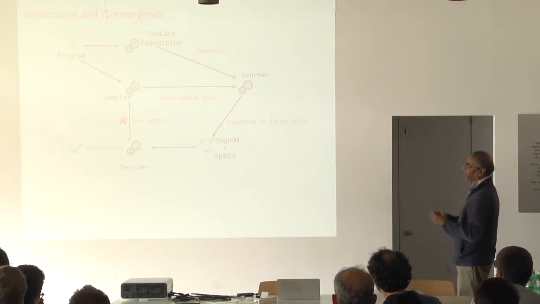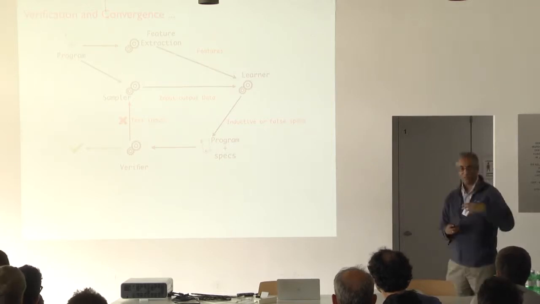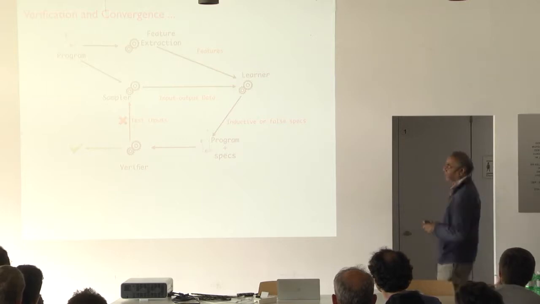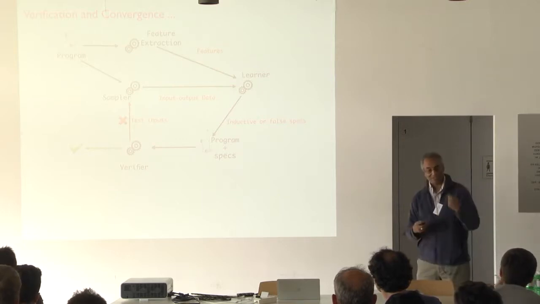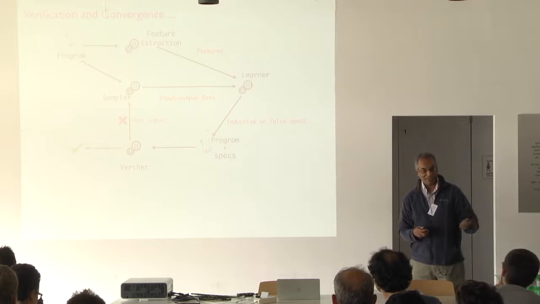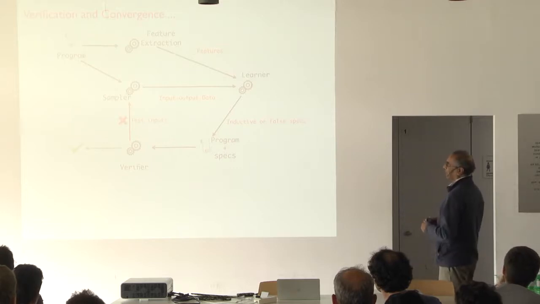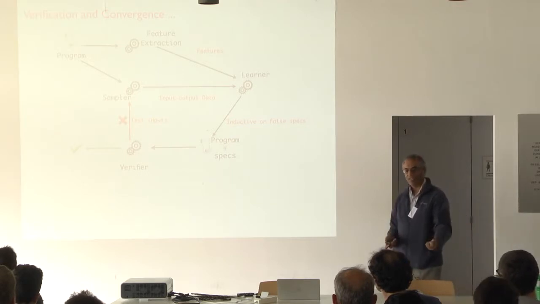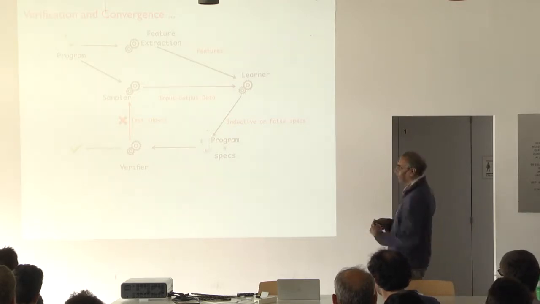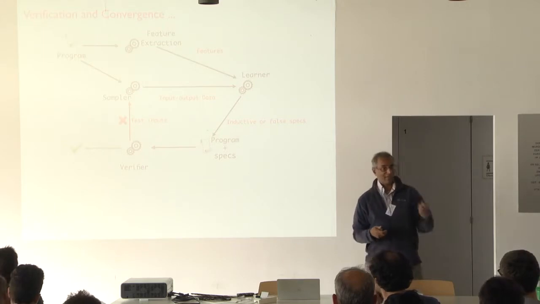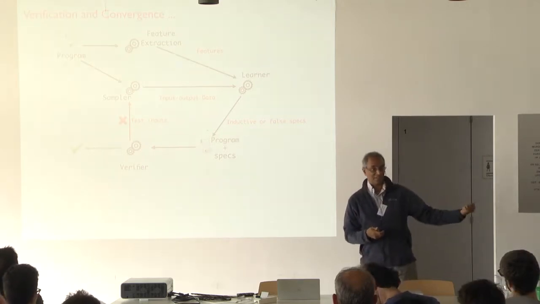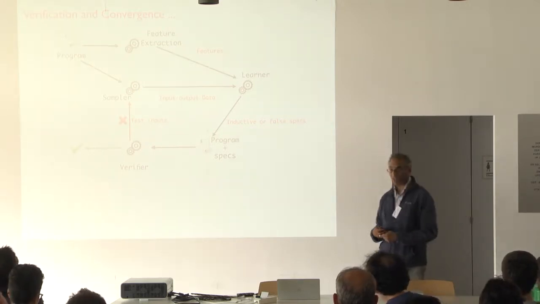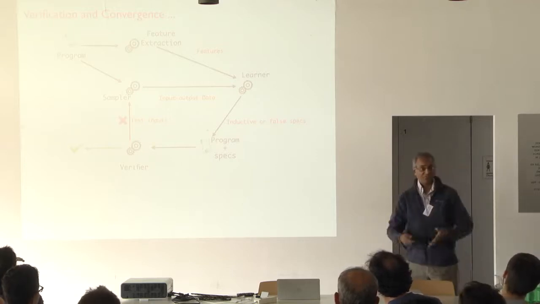So here's the setup that we have. Given an arbitrary OCaml program, we do feature extraction over the data types that exist. We apply this learner that I intuitively talked about. And this learner does two things. It'll either give me an inductive specification, because in order for this to work, it's going to have to pass the verifier, which in this case is Z3 and liquid types, or it's going to fail.